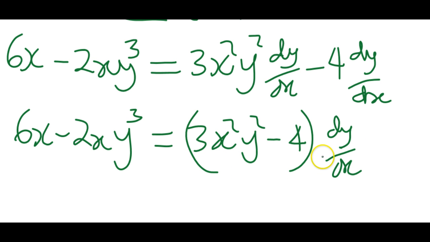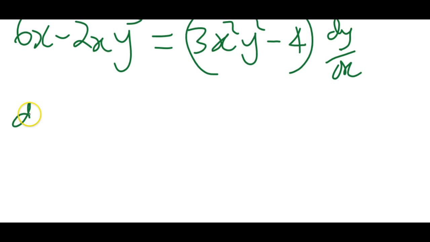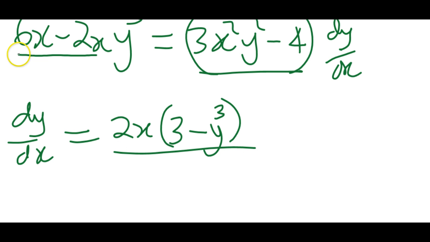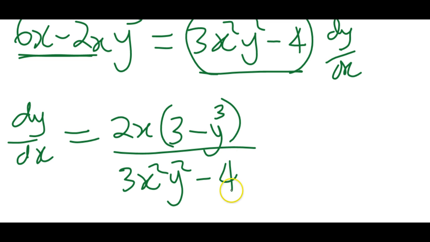So finally, I will say dy/dx, by dividing both sides by this, will be equal to, well, I can factor 2x out here, 2x into bracket 3 minus y cubed, all divided by 3x squared y squared minus 4. So this is what I presume will be the answer for the question given.